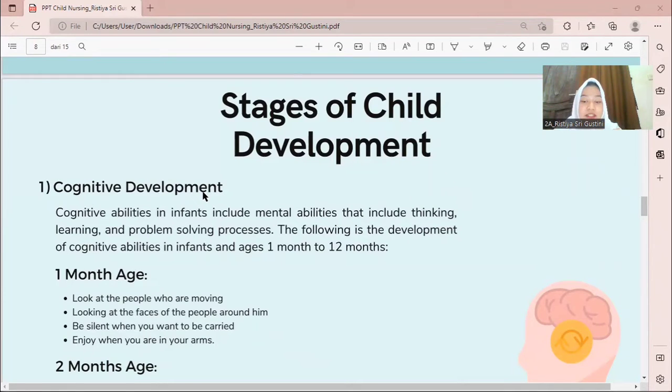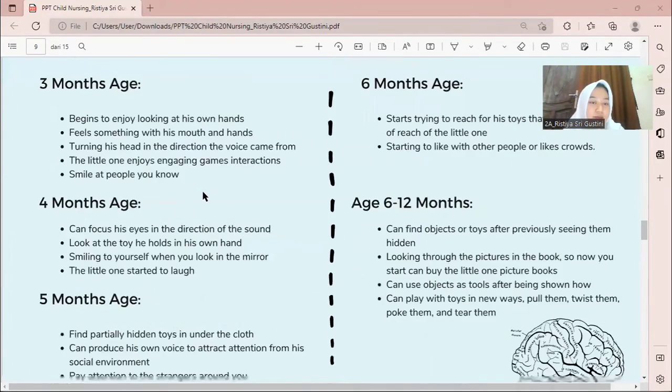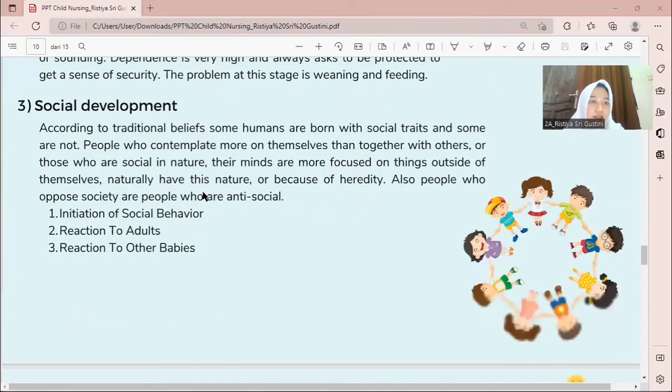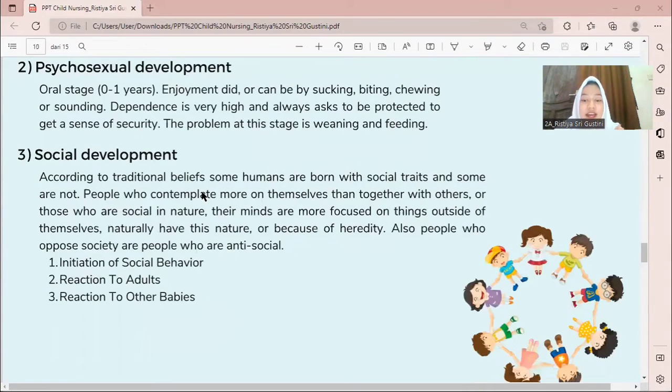Then the second, psychosexual development. At this stage, the baby gets pleasure from the mouth.